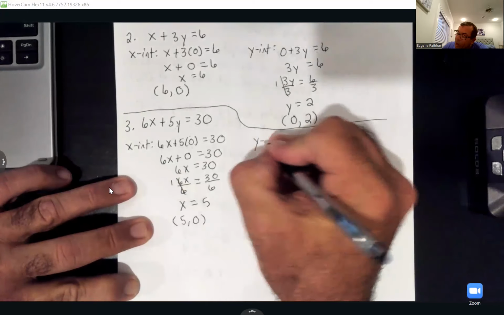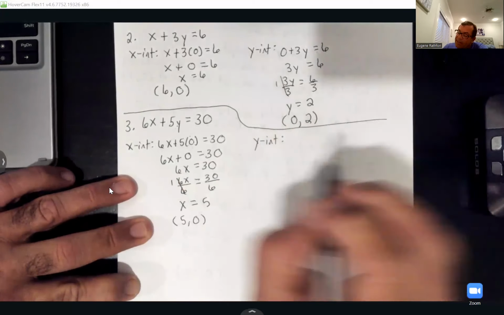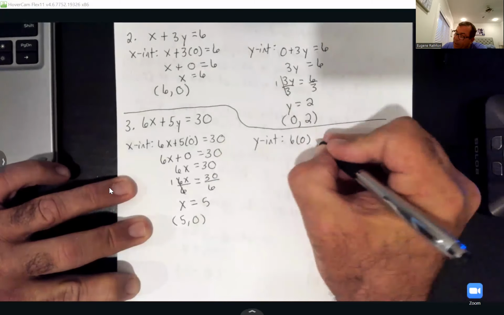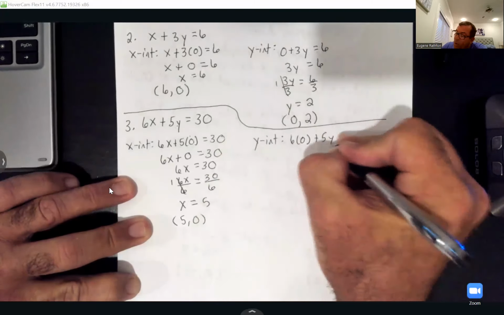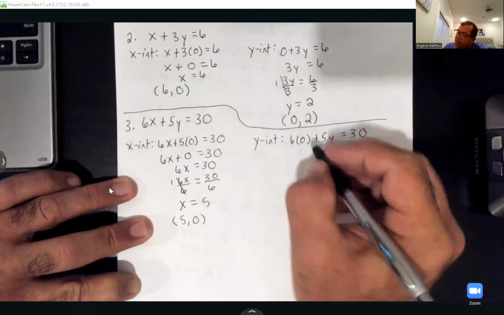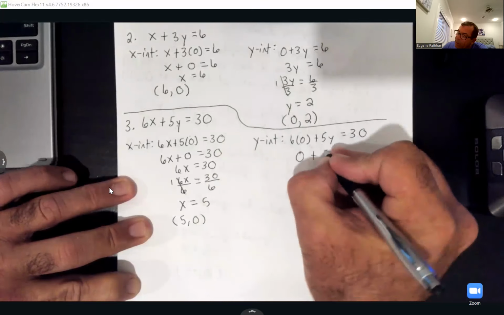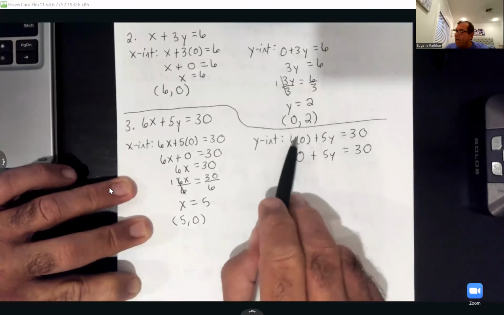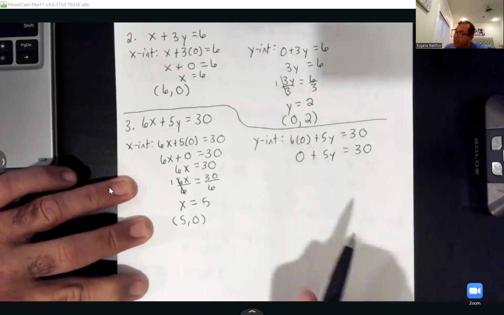So now I'm going to get the y-intercept by setting x equal to 0. So 6 times 0 plus 5y equals 30. All right, y'all, 6 times 0 is 0, plus my 5y equals 30. So notice I'm multiplying before I try to add any like terms, okay?